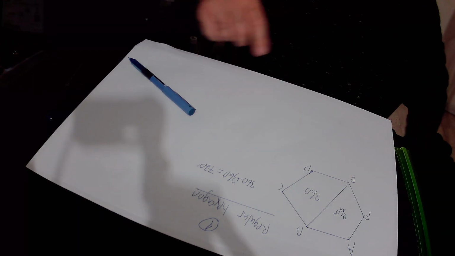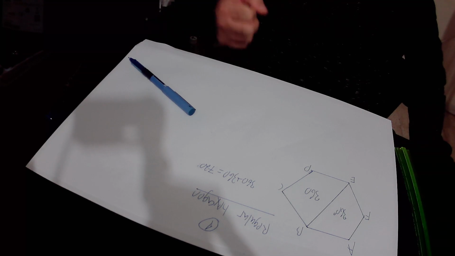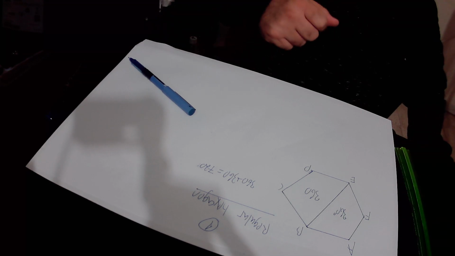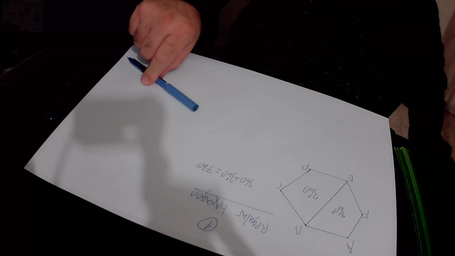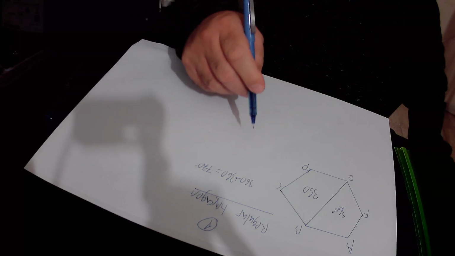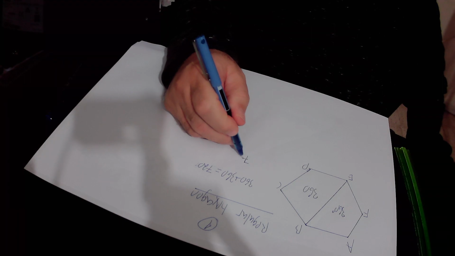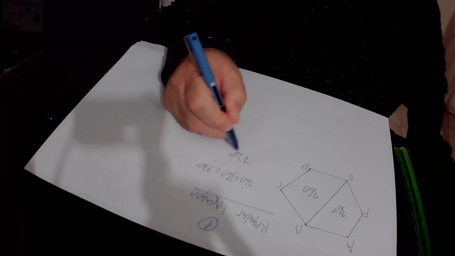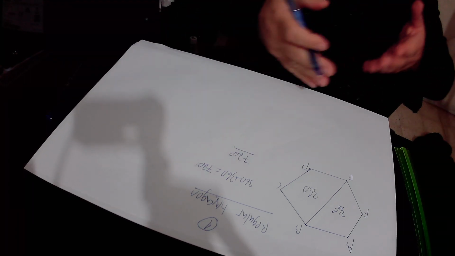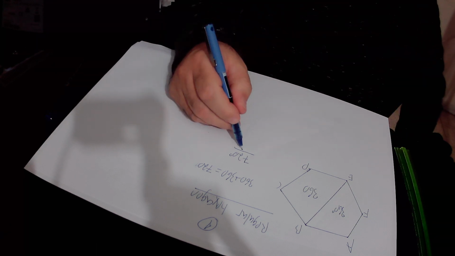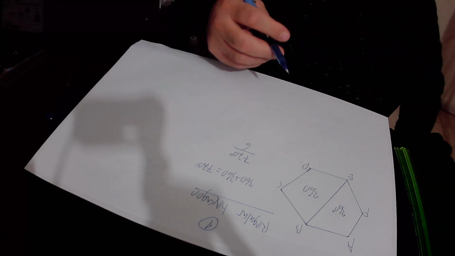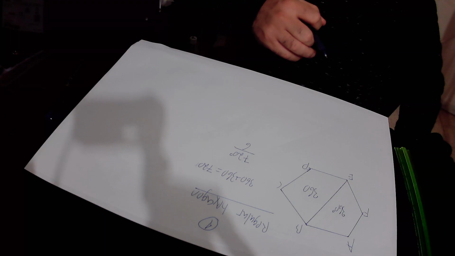So, therefore, the size of one internal angle will be equal to the sum of all the 6 internal angles, that is 720 degrees, over the number of the internal angles, that is 6. Why? Because all the internal angles are equal to each other.